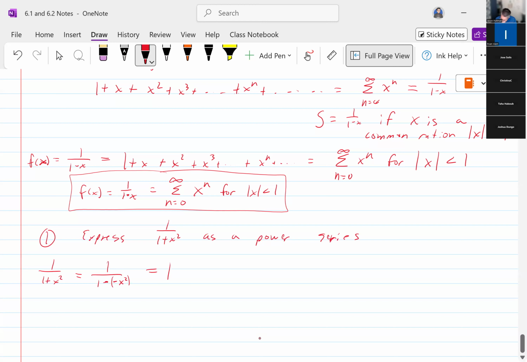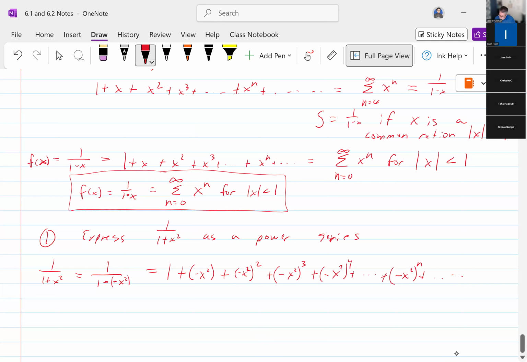This is going to be equal to 1 plus, here I'm going to replace x with negative x squared, so negative x squared plus negative x squared squared plus negative x squared cubed plus negative x squared to the fourth plus dot dot dot. This becomes negative x squared to the nth power plus dot dot dot.